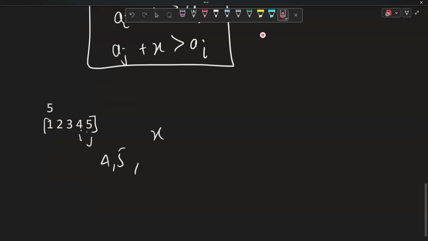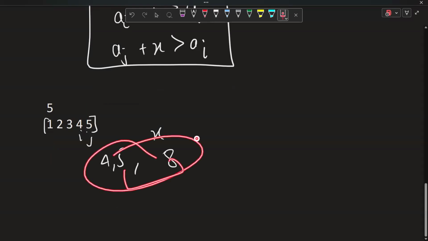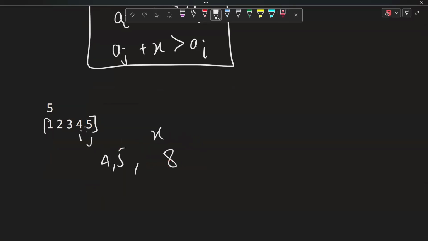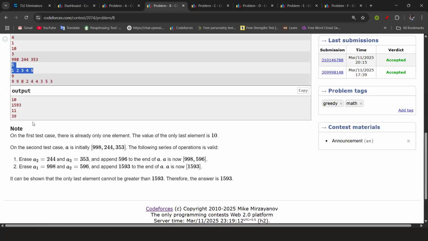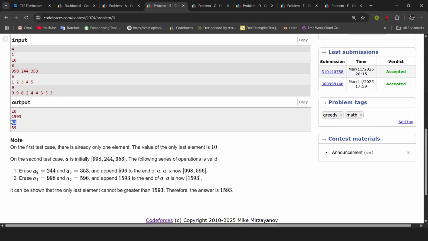Let's say you selected x as 8. So it satisfies this condition: 4 plus 5 is greater than 8, 5 plus 8 is greater than 4, 4 plus 8 is greater than 5. So you can select 8. Then you can remove 4, remove 5 and insert 8. Likewise, next, let's suppose you selected 3 and 8, and then you can select some x. Likewise, for this, the best answer was that you can reach 11 at the end.